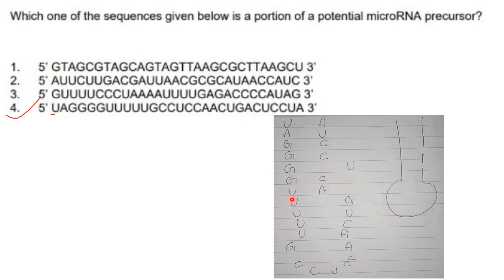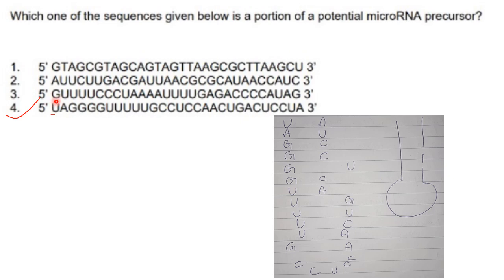Then G pairing with C, U pairing with A, then again it doesn't form a stem properly because it is not proper pairing, it is imperfect pairing, and this is the loop. So the microRNA precursor is option 4.